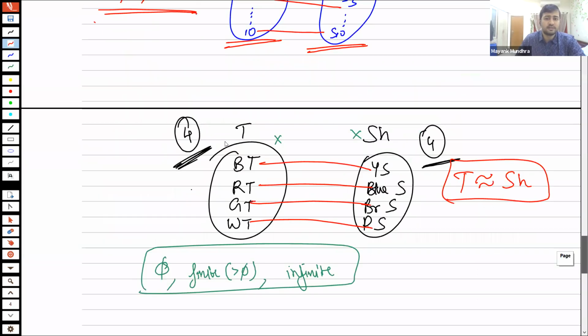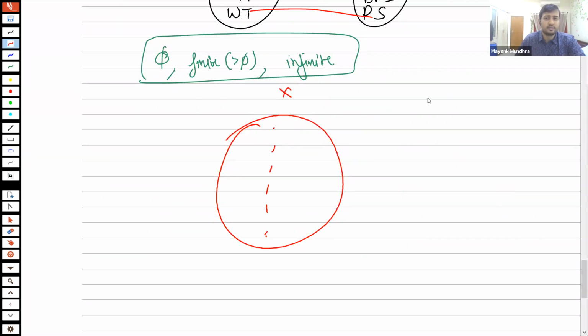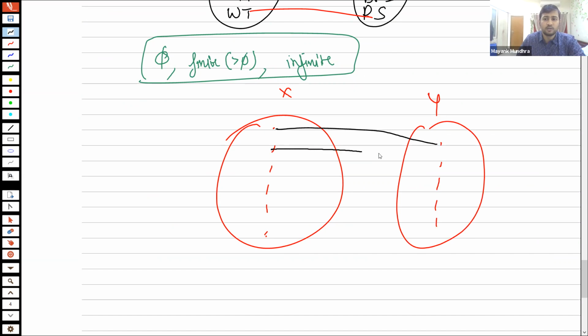So suppose this is some set x which has some elements in it, and this is some set y which has some elements. Now suppose you were able to construct a one-to-one and onto map from here to here.